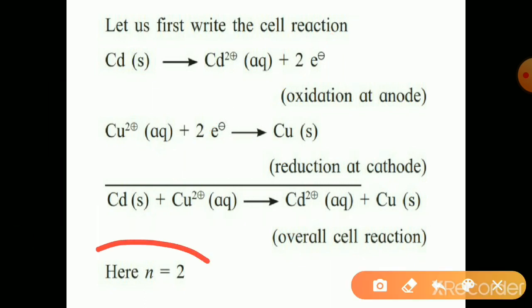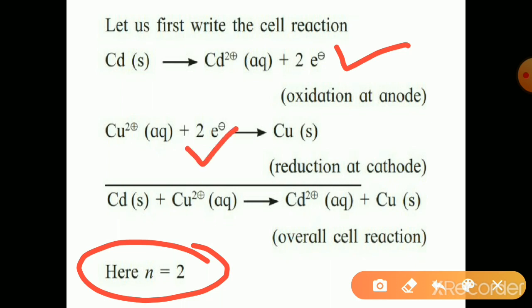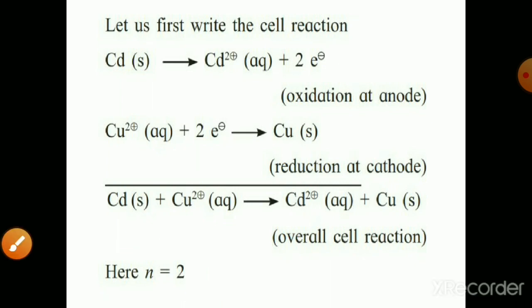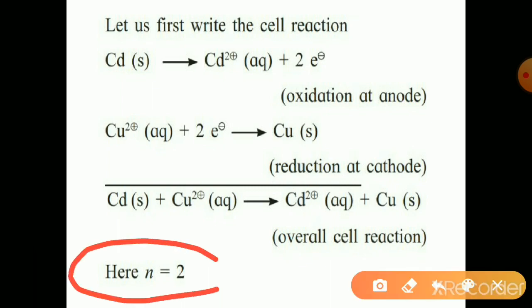The total number of electrons involved is 2, so the n factor is 2. n is the number of moles of electrons involved in the reaction.